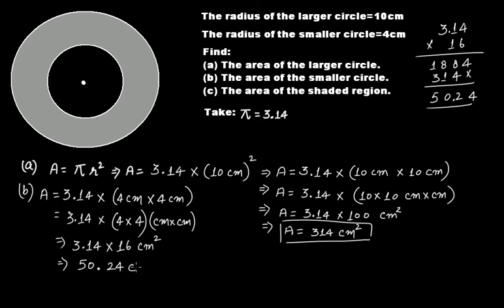The answer is 50.24 centimeters square. This is A2, that is the inner circle, the second circle, and let's denote the larger one with A1.